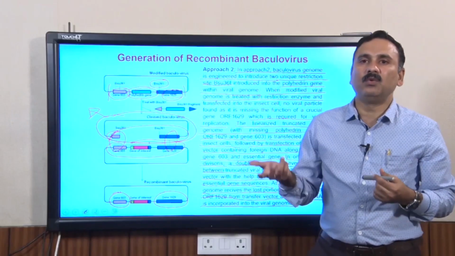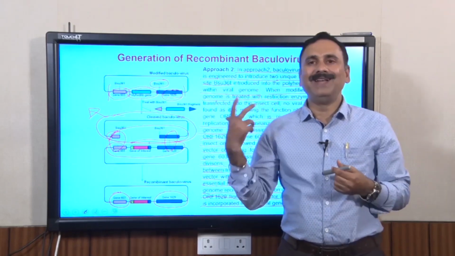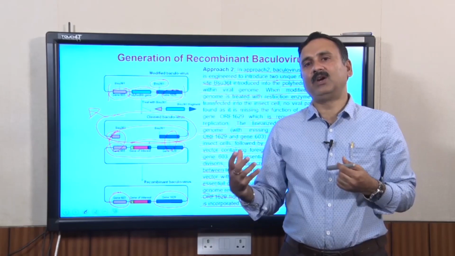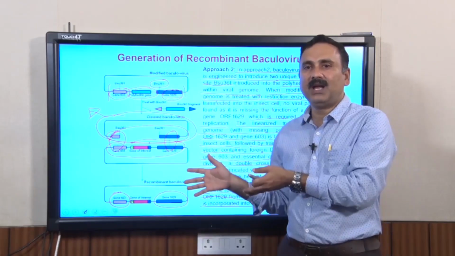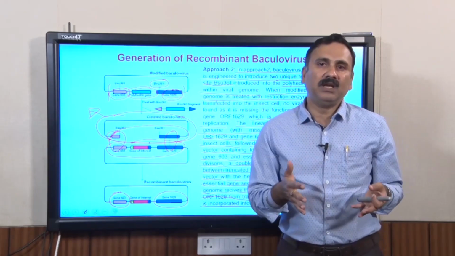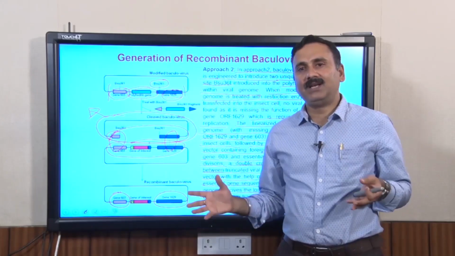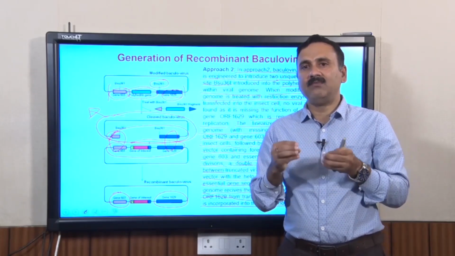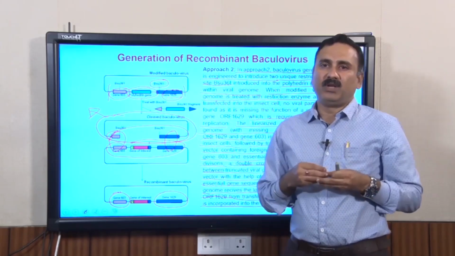So, you are going to generate the recombinant baculovirus. Now, whether you use approach 1 or approach 2, you have generated the recombinant baculovirus. Now, these baculoviruses can be used for protein production.